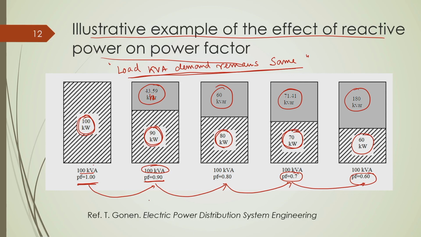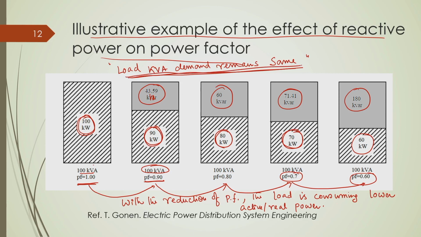So, with the reduction of power factor, the load is consuming lower active or real power, under the consideration that the load kVA demand remains the same.